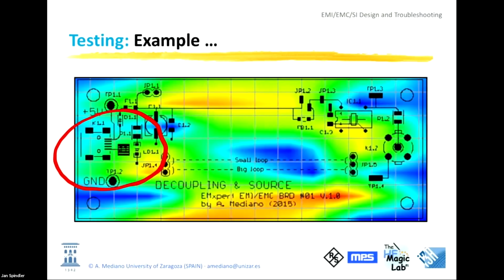Instead of returning in the big loop, the ground system going very close to the forward path for the current. No differences in the radiation from the cable? Of course, there are a lot of differences because this loop disappeared. So probably you will not have this kind of crosstalk problems or common impedance in the PCB, but you are exciting the cable, so you will fail.